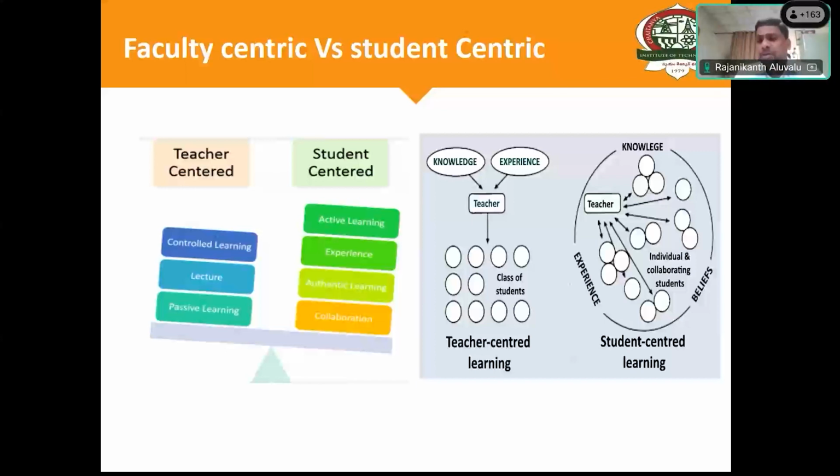The NEP talks about autonomy for the student for learning of their choice. So whatever courses we design should be of a student-centered approach only. Moving forward, this slide is going to talk about how exactly we design a course.